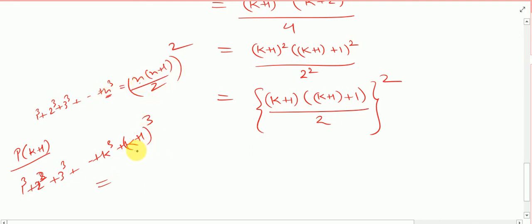So for k plus 1, if it is ending at k plus 1, then you should be able to show (k plus 1)(k plus 1 plus 1) upon 2 whole square. So see, we were able to show this, yes or no? So therefore we can say that the statement P(k plus 1) is true.